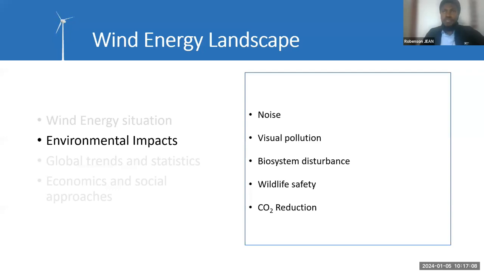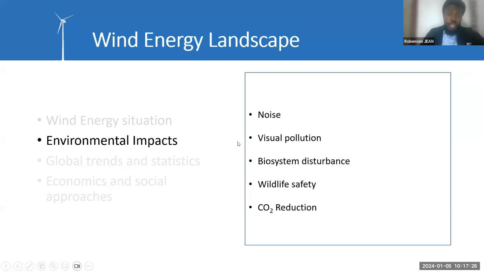Another environmental impact is biosystem disturbance, because it can cause some deviation in the pathway of some species and in migration. The friends of the animals are always talking about this biosystem disturbance.